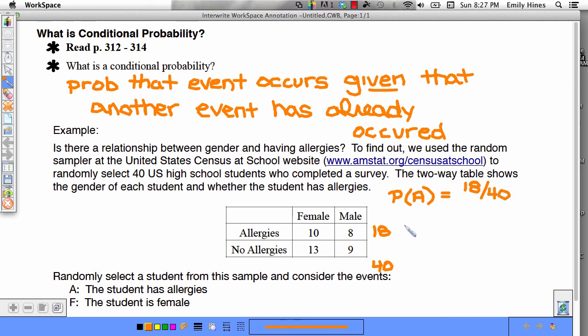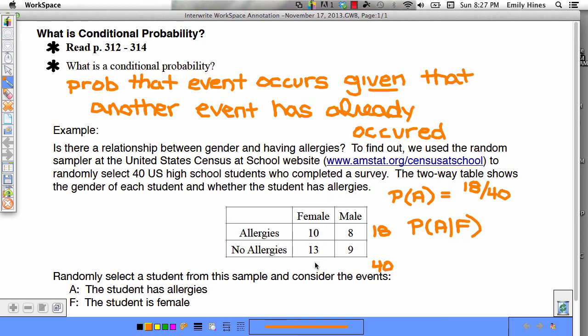Now, if I wanted to say the probability that they have allergies, given that they are female, that's a little different. That totally takes the males out of the equation because I know for a fact that the person I'm going to randomly select is a female.